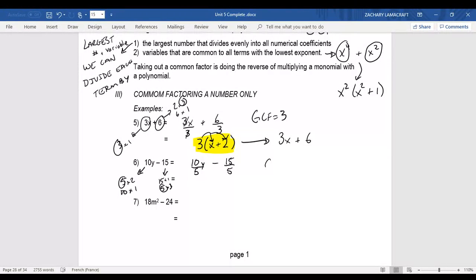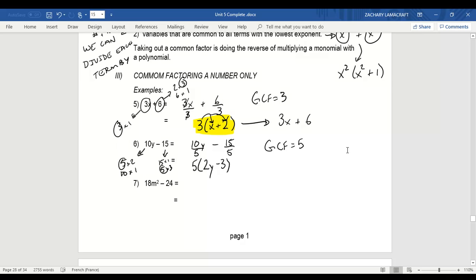So outside, we know our GCF is 5, so it would be 5, bracket, 10y divided by 5 is 2y, and negative 15 divided by 5 is 3. So we've ended up with this factored form of 10y minus 15. So it's basically just the opposite of what we've been doing, but we're showing how we can get to that based on having a couple of terms.